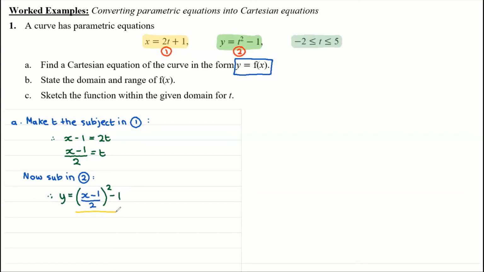For the domain, we're going to use this space up here. So for part B, the domain, we can sketch what the domain might be by sketching the function x equals 2t plus 1. If I just draw that, and remember t is valid between -2 and 5.